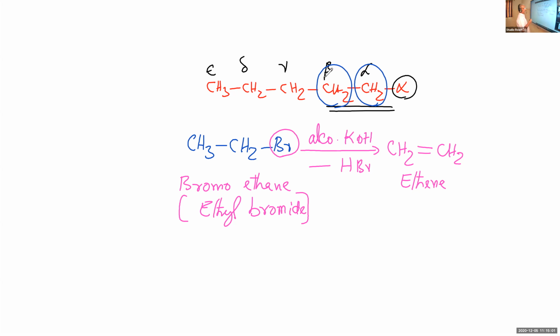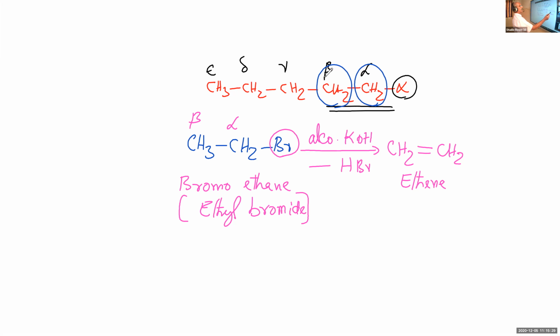The carbon bearing the bromine atom is the alpha carbon. Then the next carbon is the beta carbon. During the elimination of HBr, in general HX, the beta hydrogen is removed.